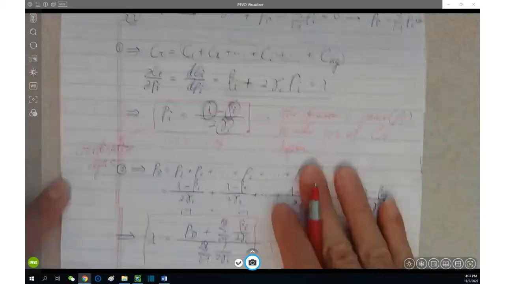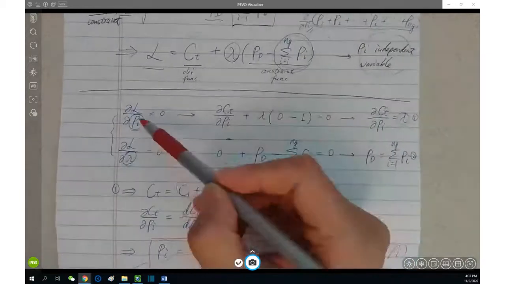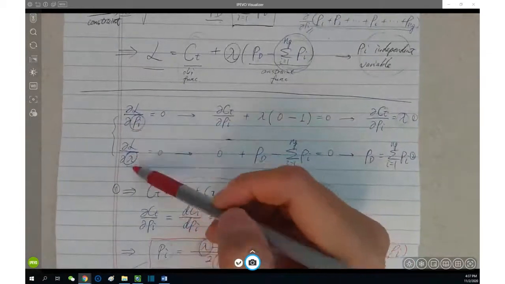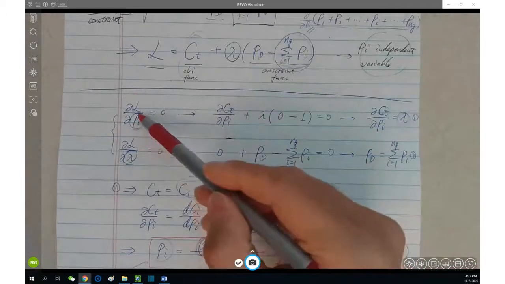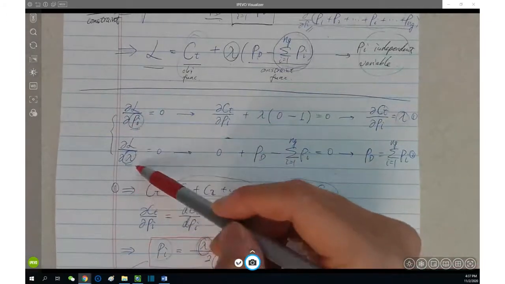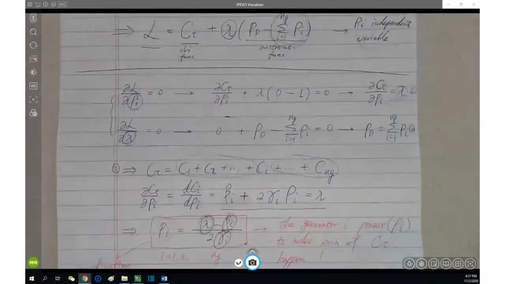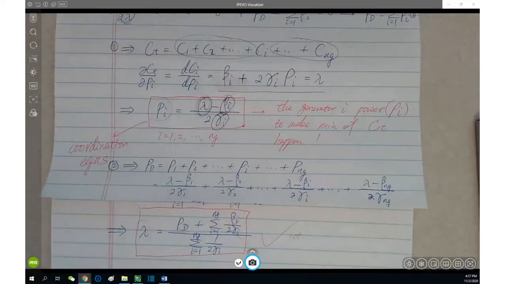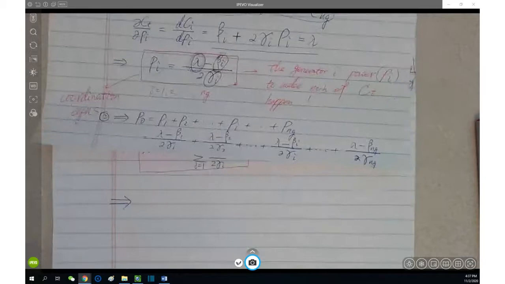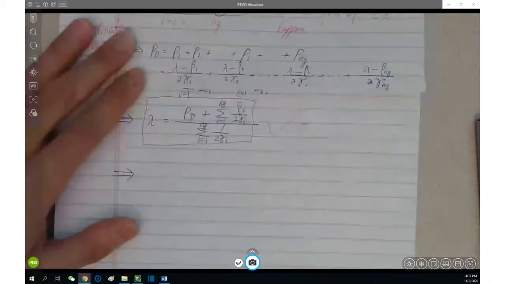So once again, if you recall the math, we have two partial derivative equations and we have two unknowns, the independent variable pi and the introduced unknown lambda. Okay? We got them both. Therefore, what's the very last step?